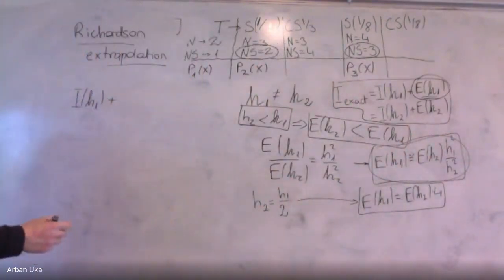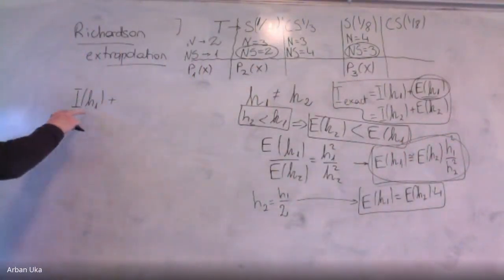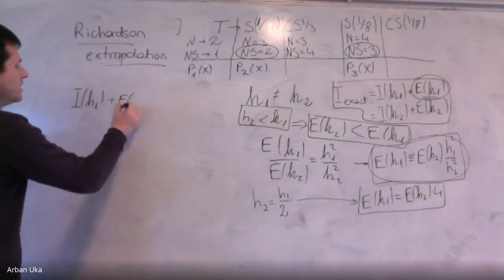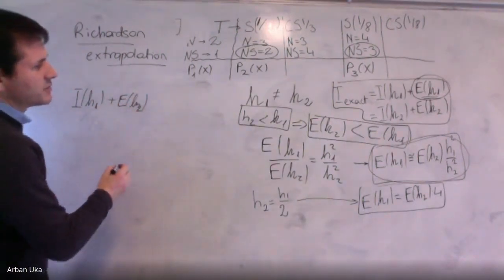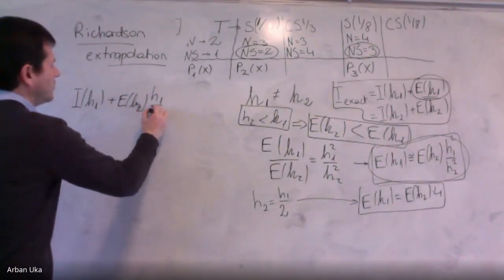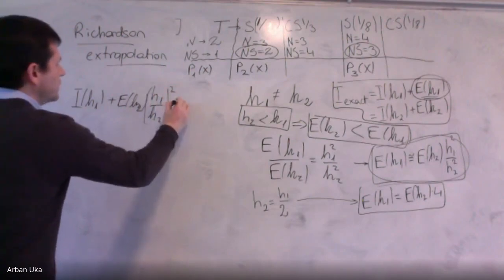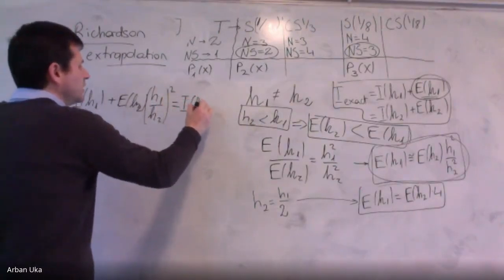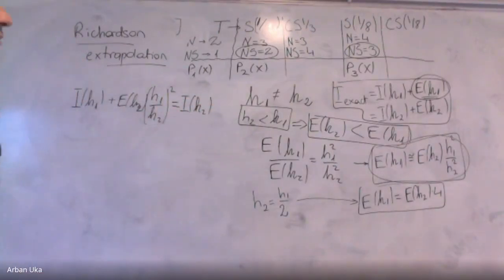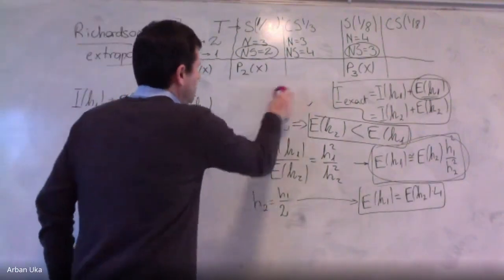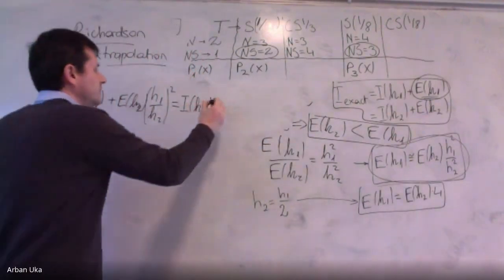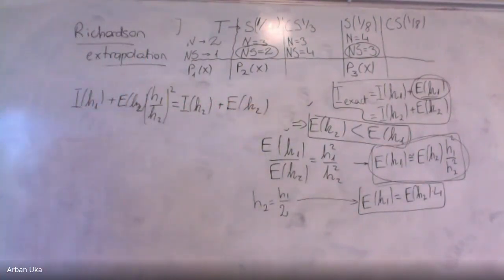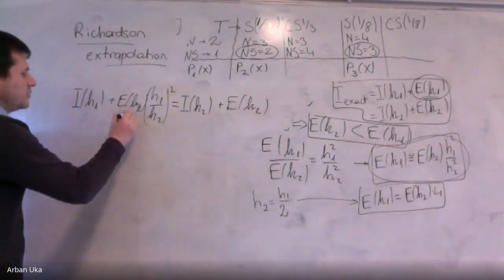So this means that approximated value of the integral using H1 plus the error according to H1, which is error in H2 times H1 over H2 squared, is going to be equal to the approximated value of the integral using H2 plus the error in H2. So we see here that the error in H2 appears twice.